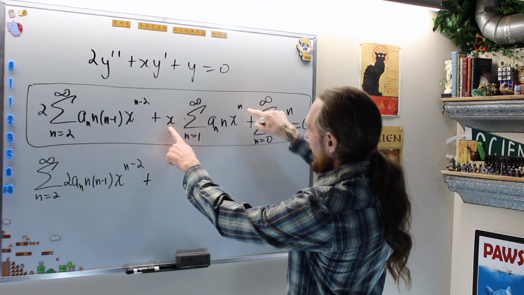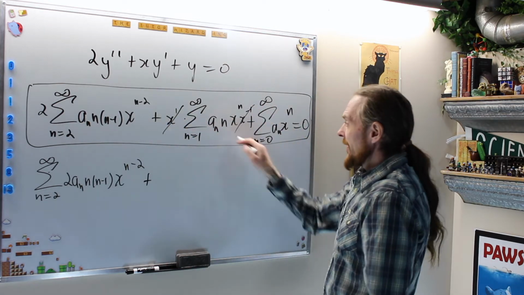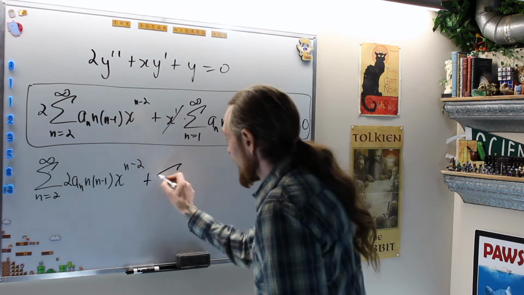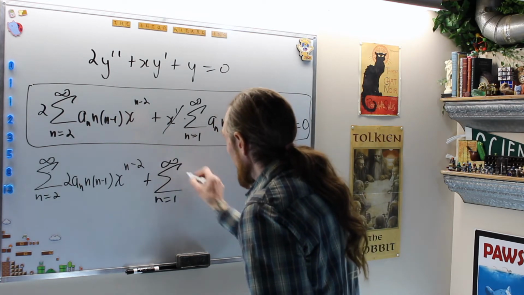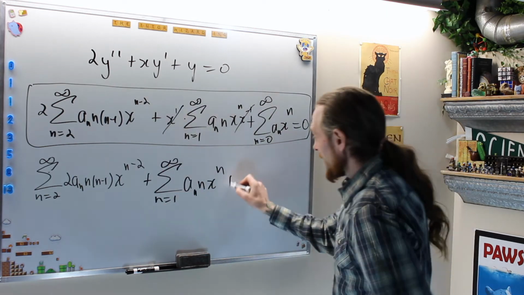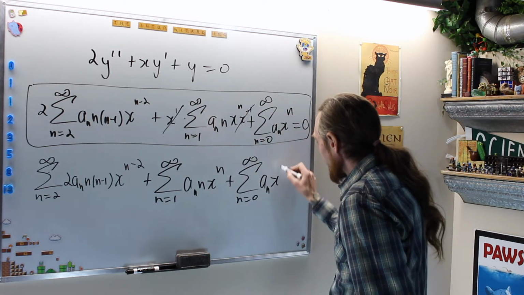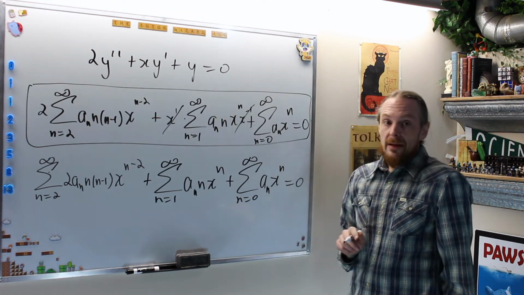This is x to the negative 1 times x to the 1, which are going to cancel, which gives me the sum from n equals 0 to infinity of a_n x^n, which I won't have to re-index, plus the sum from n equals 0 to infinity of a_n x^n equals 0.